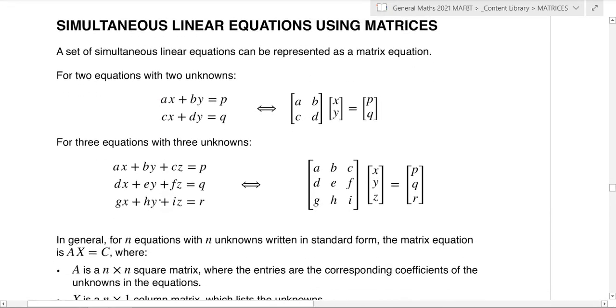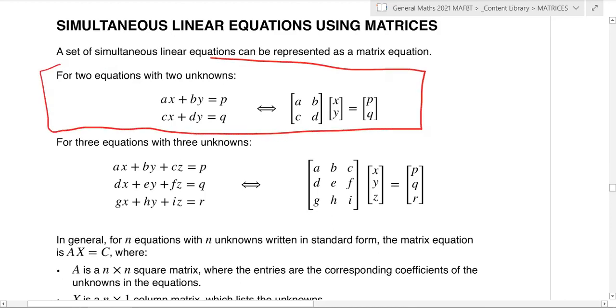All right, so a set of simultaneous linear equations can be represented as a matrix, as I've been alluding to before. So if you look here, the first example, if you have two equations, that means you're going to have two unknowns. And if you look at this matrix with all these letters, generally when you're doing simultaneous equations, at least this first set of matrices will always be a square matrix.